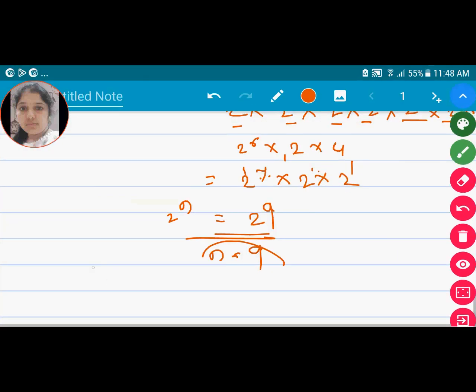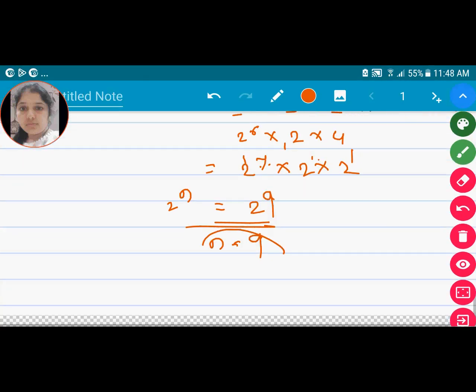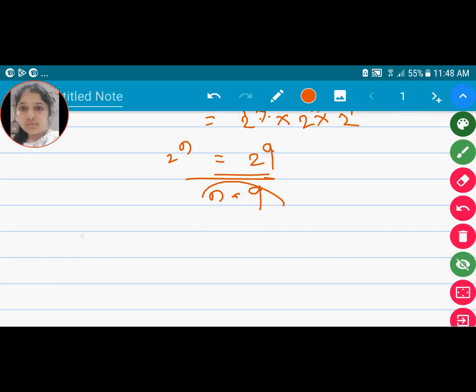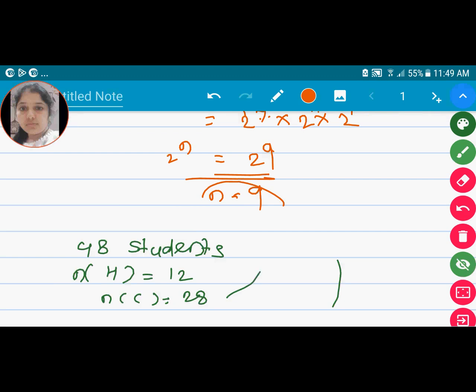Now see, how many students are there? 48 students are there. Hockey is liked by 12, cricket is liked by 28, neither hockey nor cricket is liked by 18.